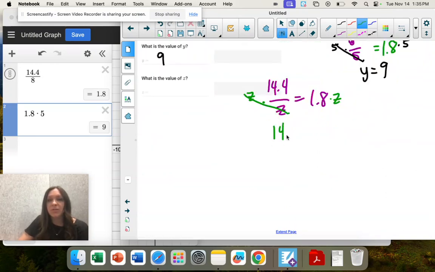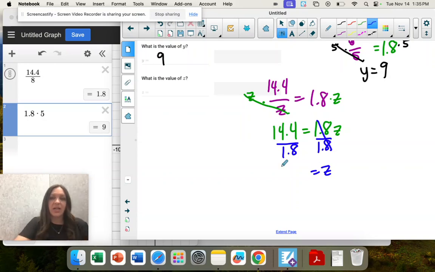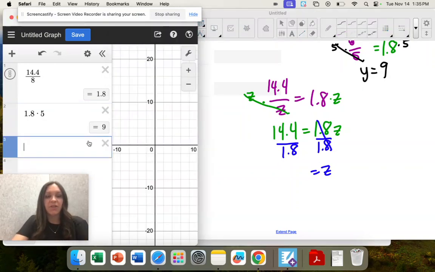So I have 14.4 equals 1.8z. Now to get z by itself, I divide by 1.8. So that one's kind of weird. You multiply, then divide. But the whole point is to get rid of the fraction and to get z by itself. So that is 8.